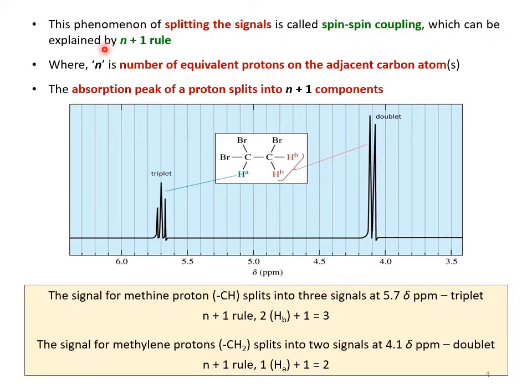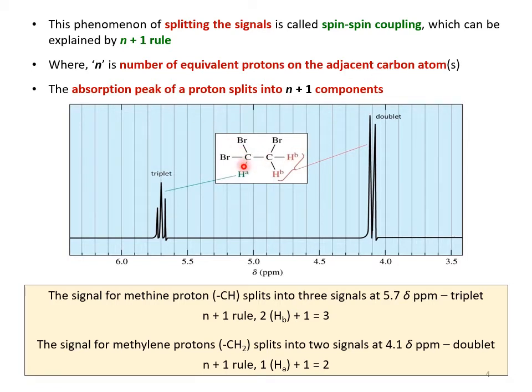which can be explained by a rule called the n+1 rule. This splitting of the signals is governed by the n+1 rule, where n is the number of equivalent protons on the adjacent carbon atoms.